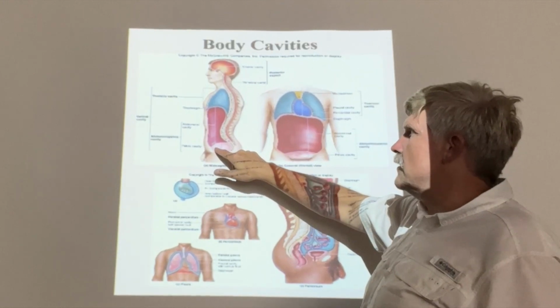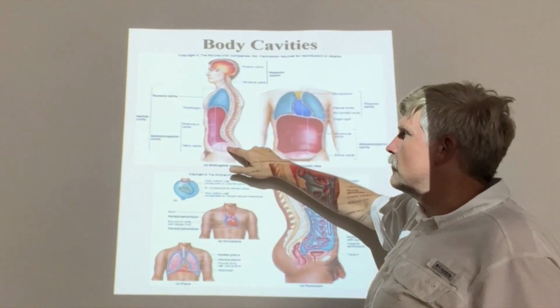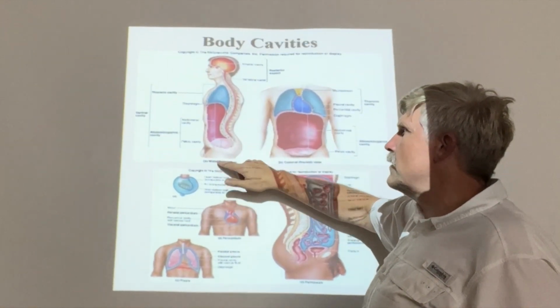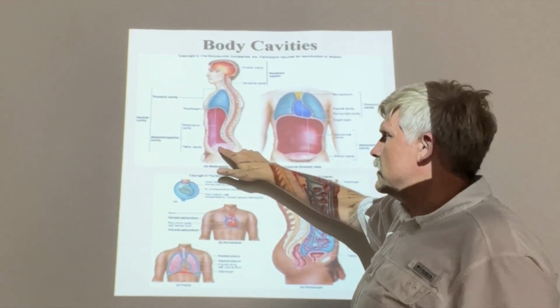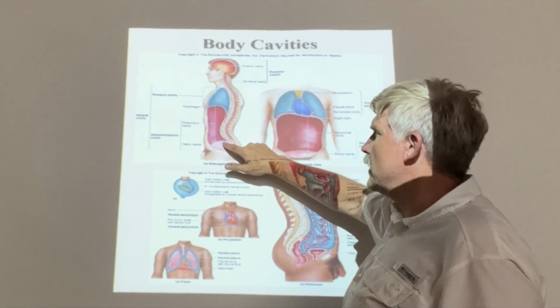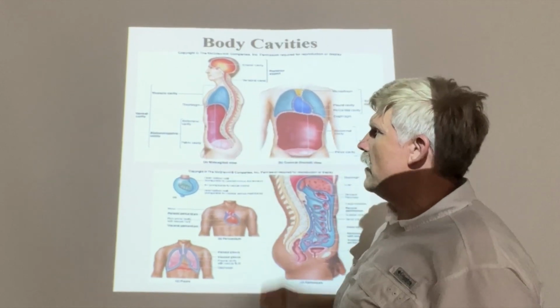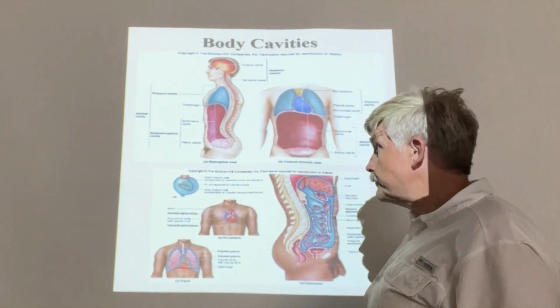So bladder is located here, uterus is here, rectum is back behind if you're female. If you're male, the bladder is in front, anteriorly, and posteriorly you're going to have the rectum in back.